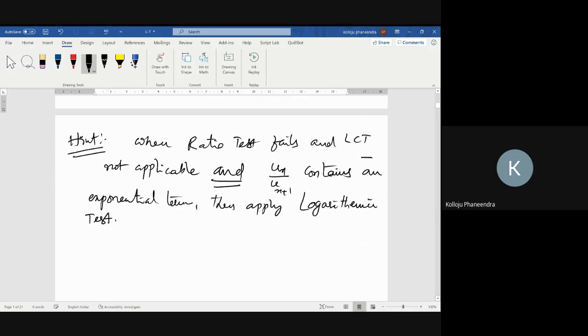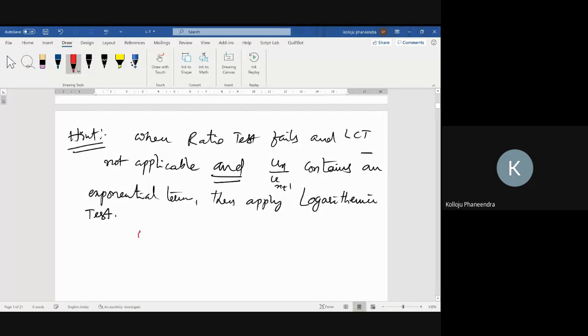So what is the logic here? The hint is, the ratio test structure is un over un plus 1. And if this un by un plus 1 contains e terms, exponential terms, then you go for the logarithmic test. Before that, when the ratio test fails, LCT is not applicable, and un by un plus 1 contains exponential terms, then for this ratio you take the logarithm and multiply by n, then take the limit n tends to infinity.